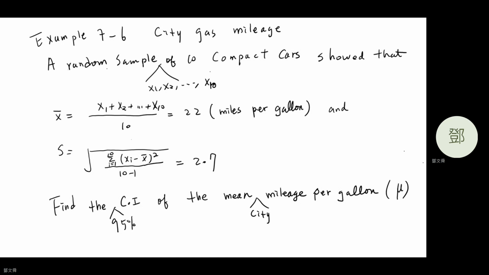But if you don't add it, it's confusing, and you will think this is a sigma. Understand? So if I were the author, I would add sample here to avoid confusion. Okay? Understand?